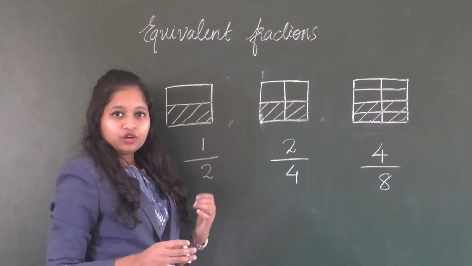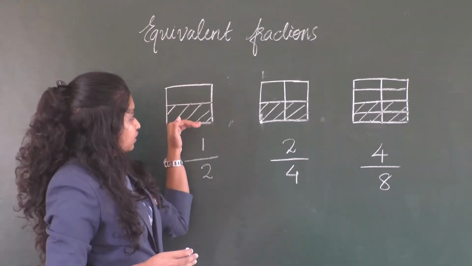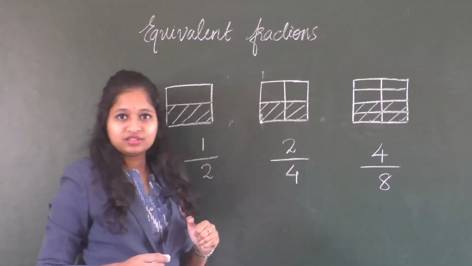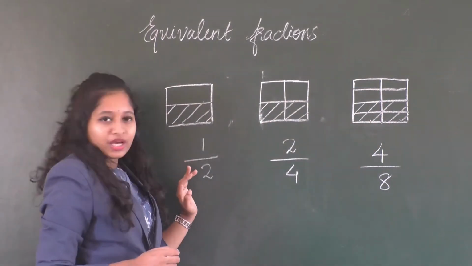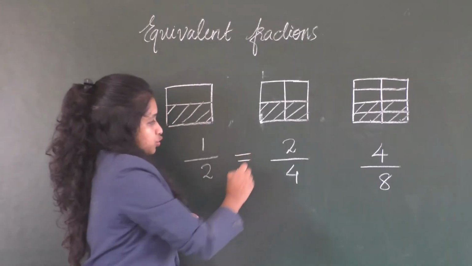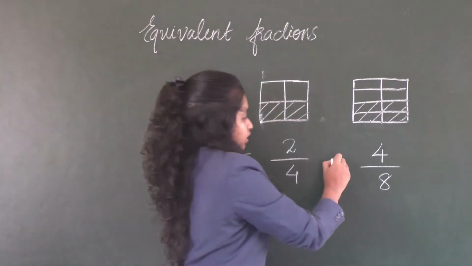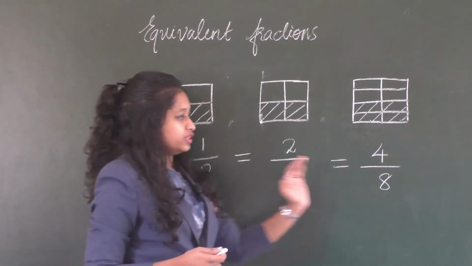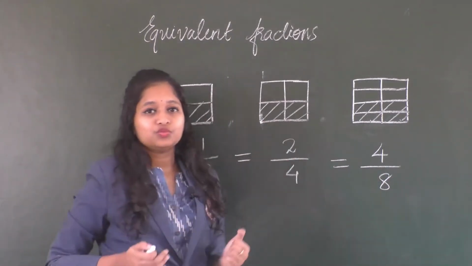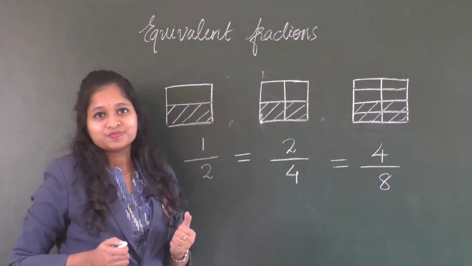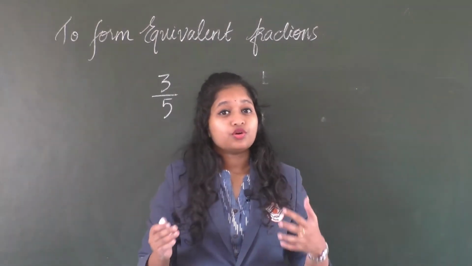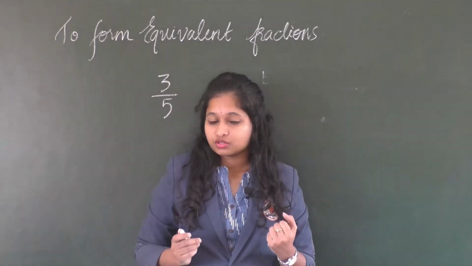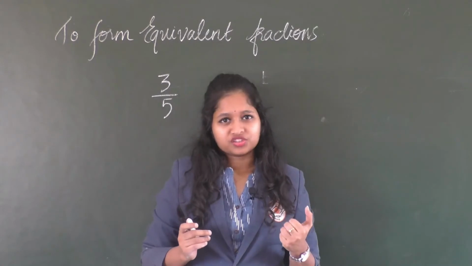Now if you observe, the same amount of part is shaded, isn't it? So 1 by 2 is equal to 2 by 4, and this is equal to 4 by 8, where all these fractions are equivalent, isn't it? So children, 2 or more fractions which represent the same amount are called equivalent fractions.